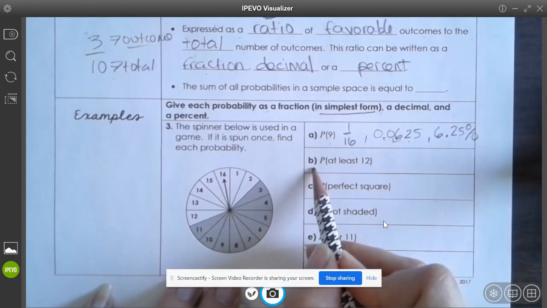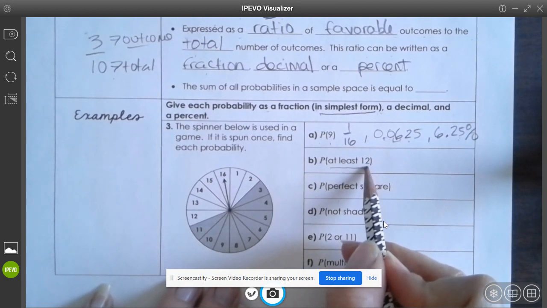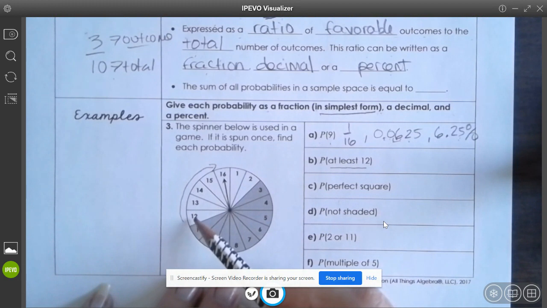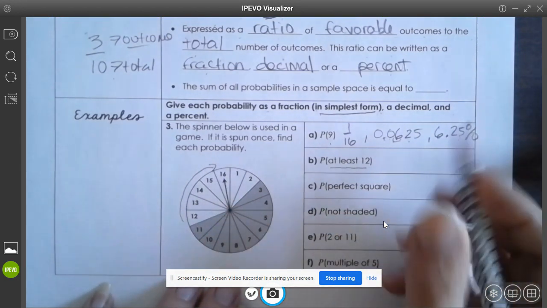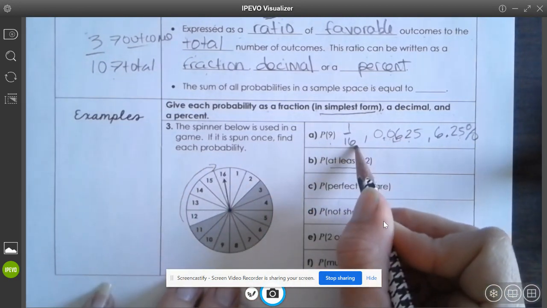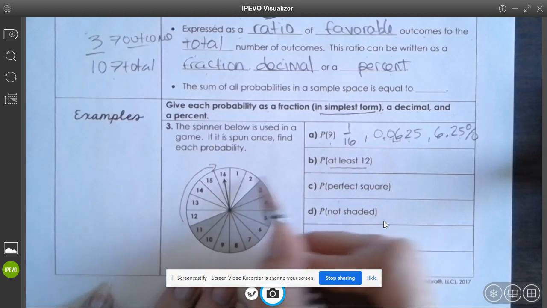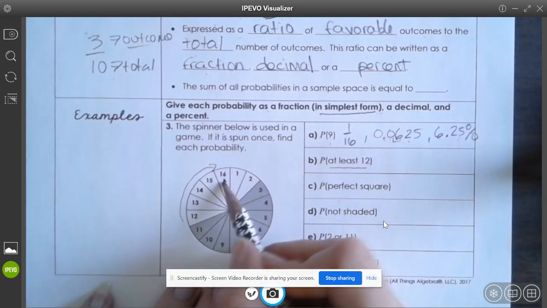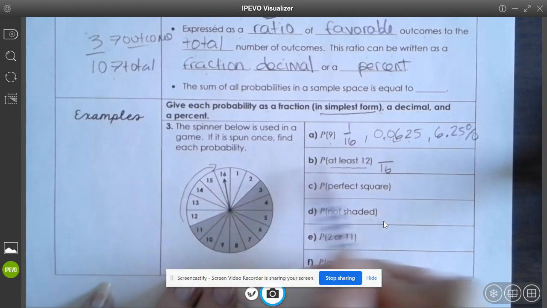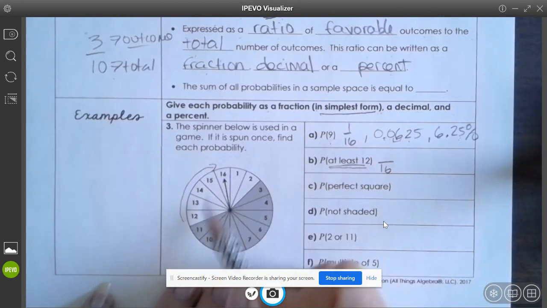Okay, letter B, that you get at least 12. So from here to here, right? So then you get at least 12. That would be 12, 1, 2, 3, 4, 5, right? So remember, it goes from 1 to 16. So 16 will be your denominator here in this case, right? The highest. So that's 16 possible outcomes. Now, if you get at least 12, that means all the top numbers, right?